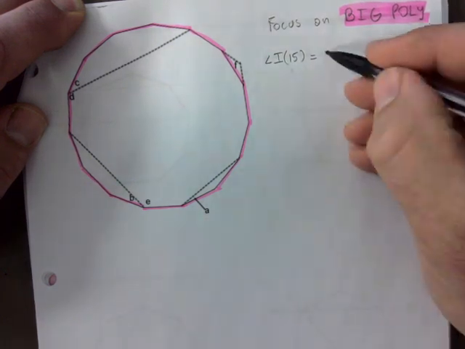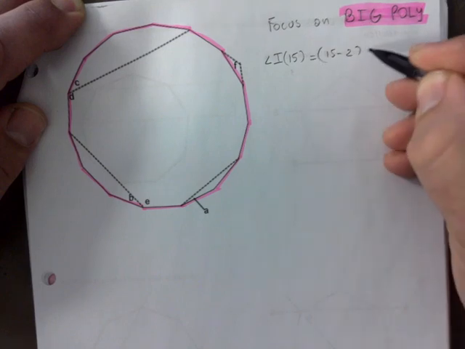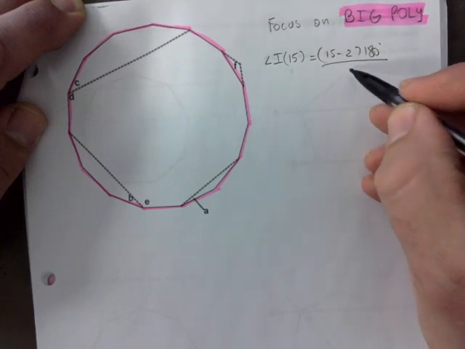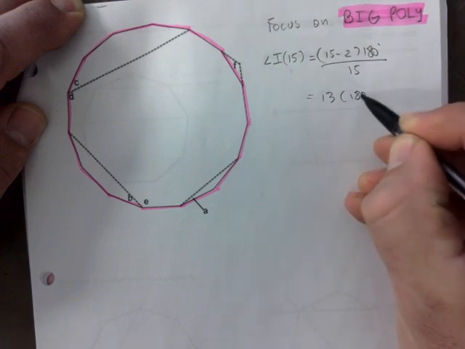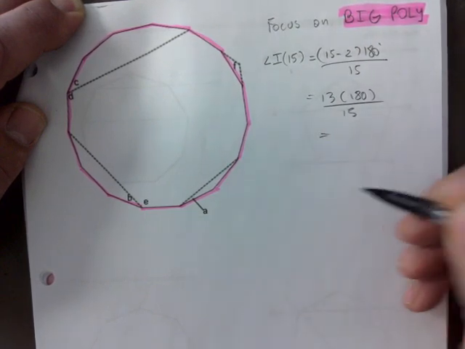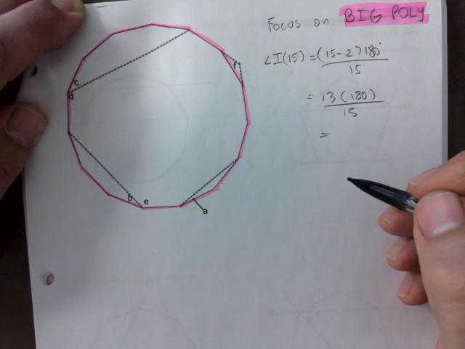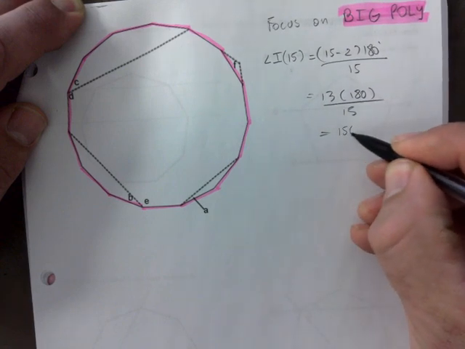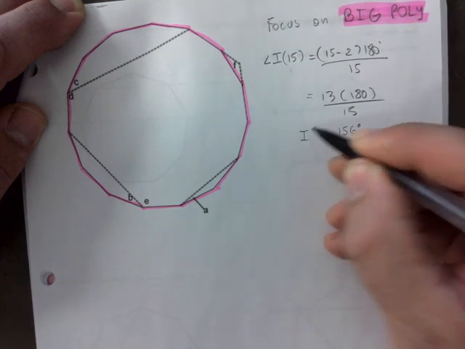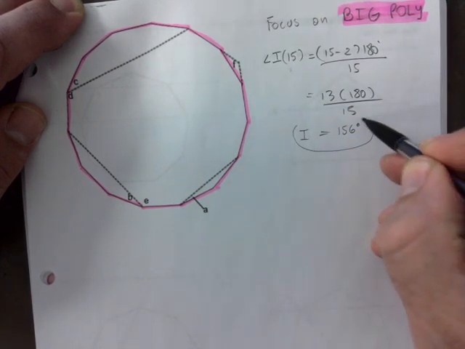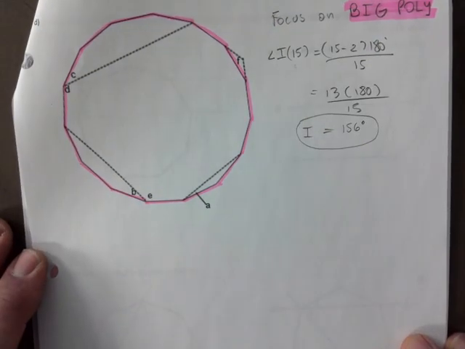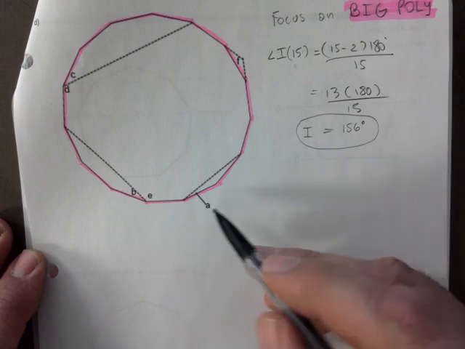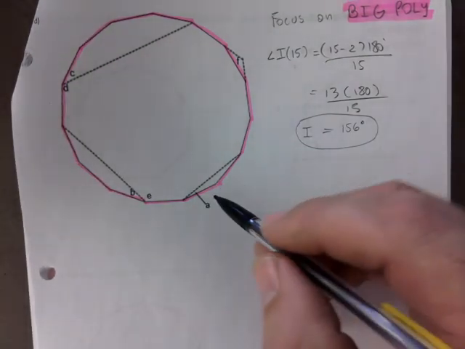I of 15 is just (15 minus 2) times 180 divided by n. And so that's 13 times 180 divided by 15. And that is 156, sorry, 156 degrees. Okay, this is capital I, and that's very important, right? That's why I gave you so much space here, because if you do it right, there it is. So now I'm going to focus on this triangle here.